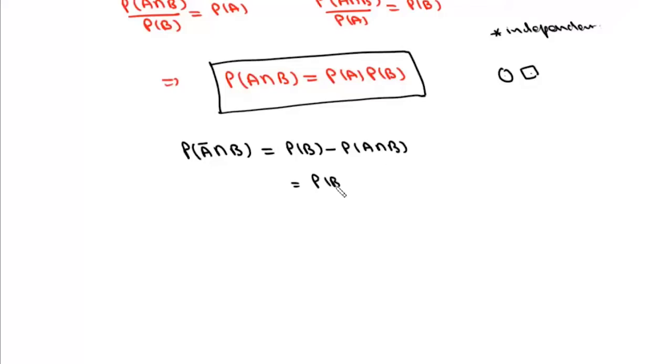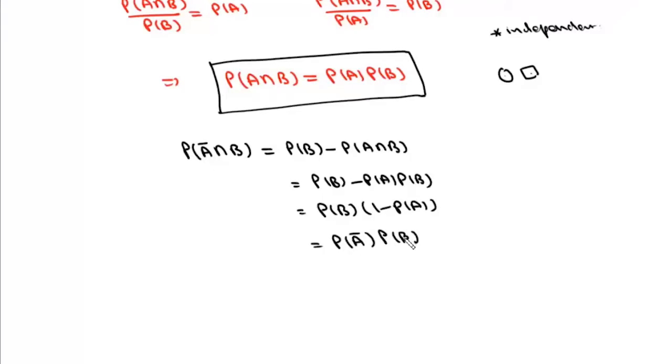So we can write this as probability of B minus probability of A into probability of B. So we'll take probability of B common, and then it will be 1 minus probability of A, and 1 minus probability of A is probability of A naught. So it will be probability of A naught into probability of B. So that means A naught and B are also independent.